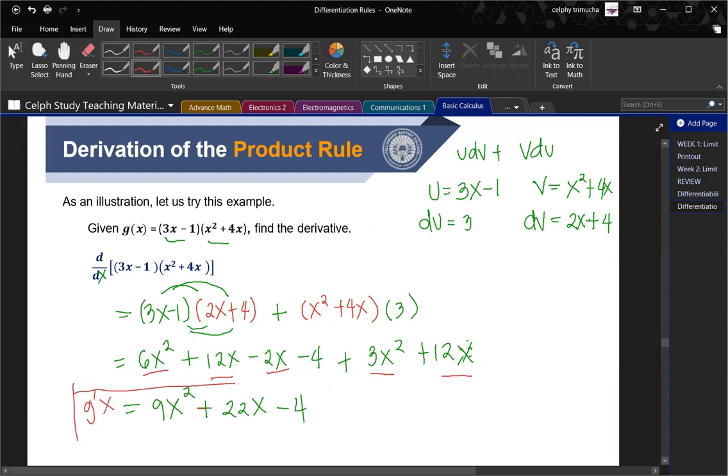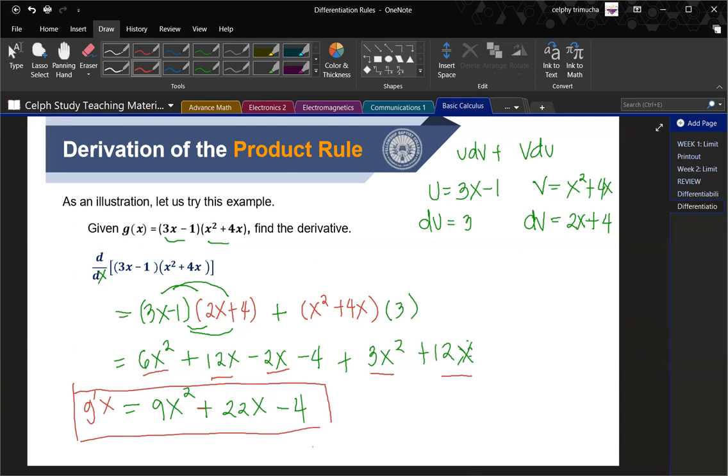So aton nga answer, final answer will be this one. So that's it para sa product rule, u dv plus v du lang.